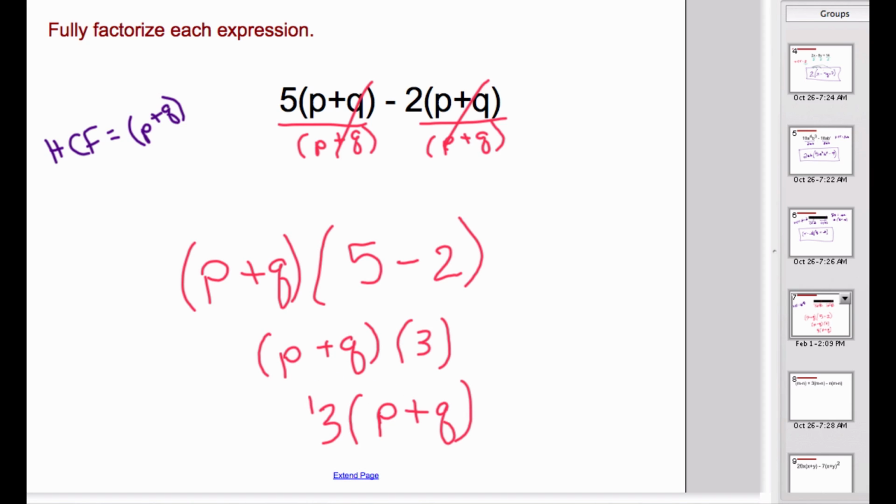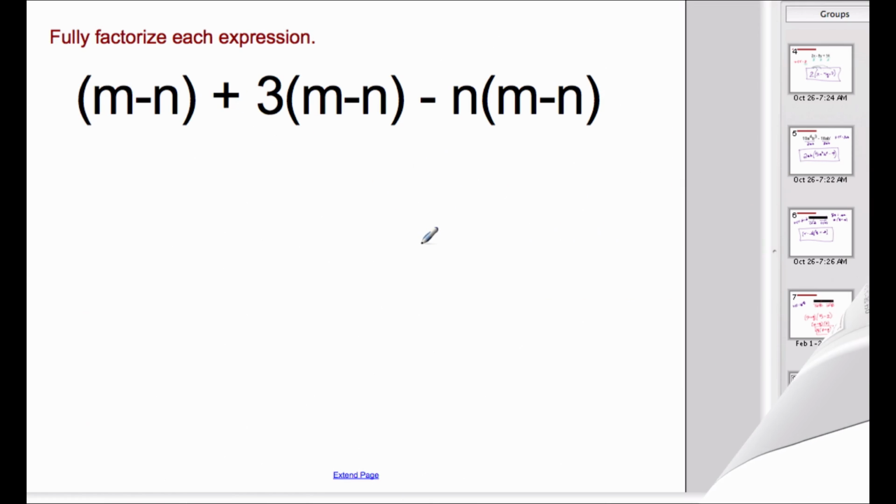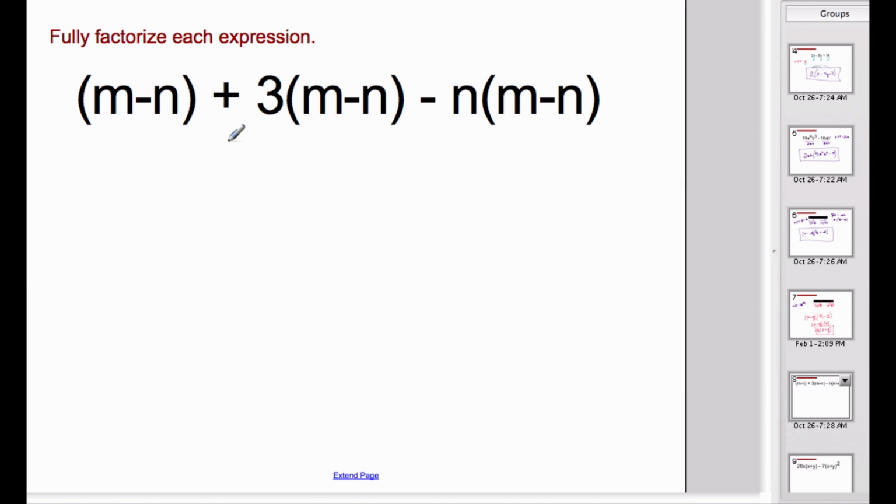So after our first step, we look at what's in the brackets. We had that 5 minus 2. We have to see if there's any like terms left there, and those were like terms because they're just both constants. Okay, and then our last one here, we see it's a little bit different because we have 3 terms. All 3 of them have a quantity, an HCF of m minus n, and then the 3 pieces that get left behind when we divide this out.